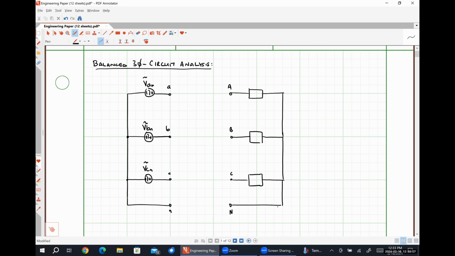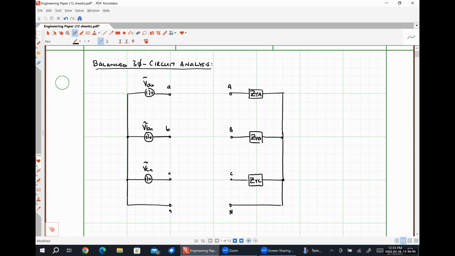And I'm going to call the A phase impedance ZYA, the B phase impedance ZYB, and the C phase impedance ZYC, like so.